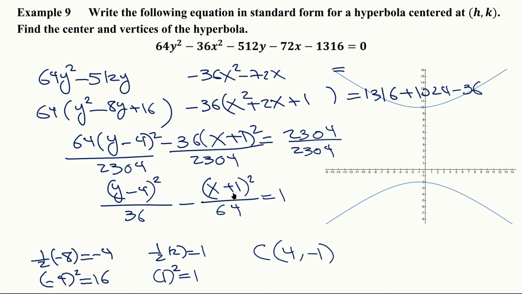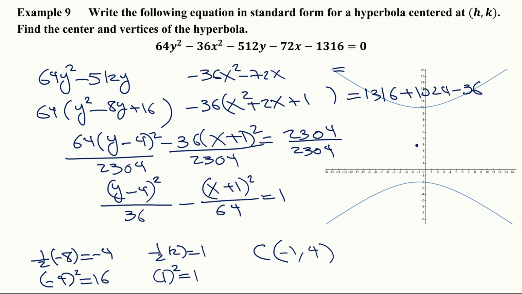The x value is here, the h is there. So -1. I'm glad I made that mistake so you could see how easy that is. So -1, 4 is where the center is. The center is always hk. H is always associated with x, and k is always associated with y. Remember that. So -1, 4.